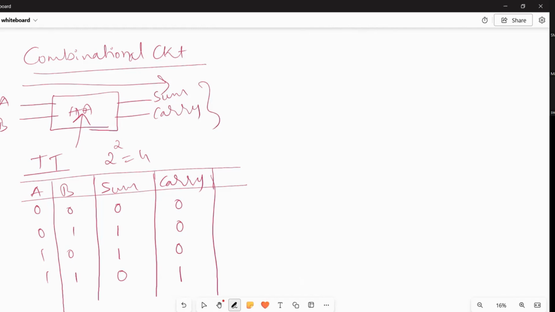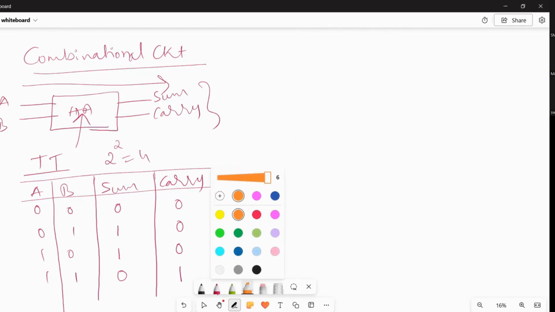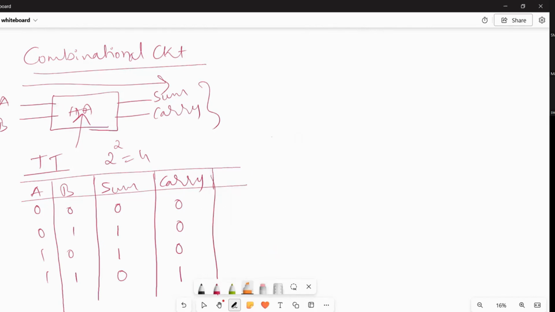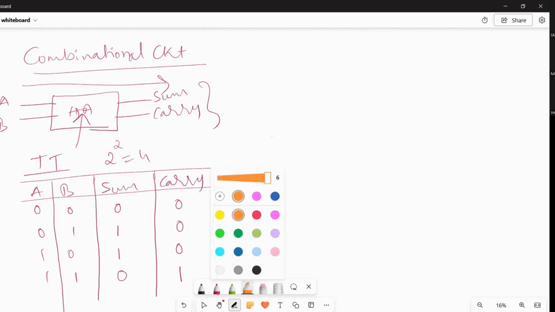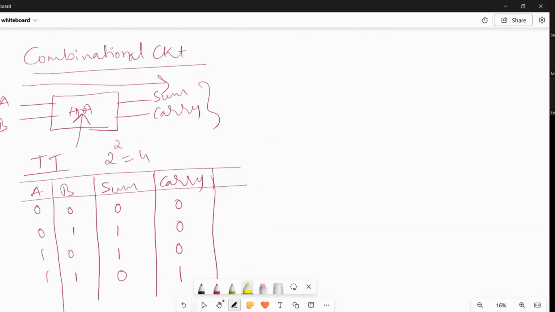Two inputs give 2 to the power 2, 4 combinations.